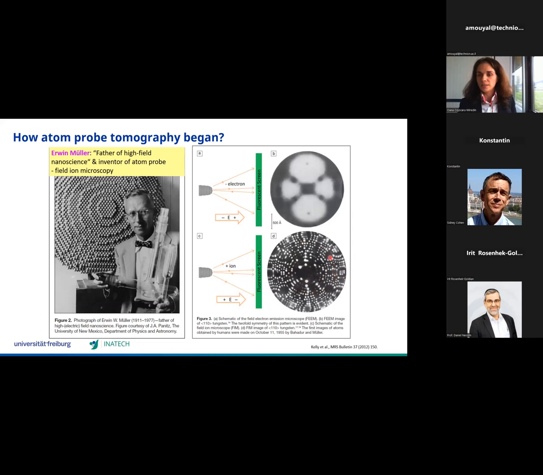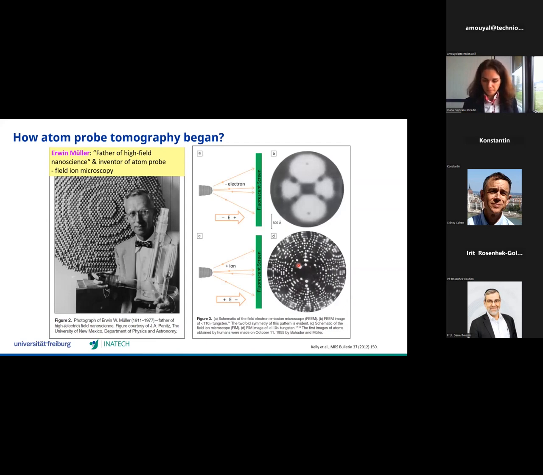So we see nicely that each position here corresponds to an atom, and then we have terraces of atoms, we have crystallographic poles, and for example, for tungsten, we have the big 110 pole. So we can nicely map the structure of the tip surface and the atomic redistribution within the structures.